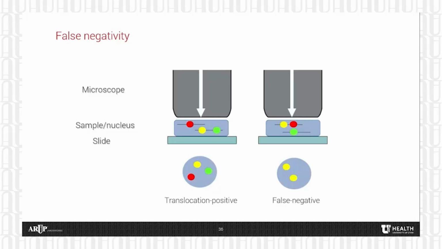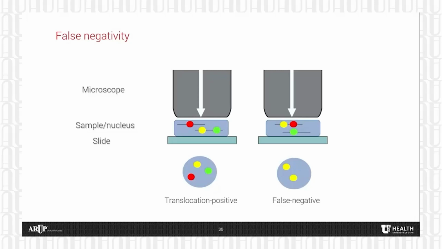So as I mentioned, in an FFPE specimen, cells are not all in a single plane. So for example, in this first picture, where there is no translocation, you have 1 fusion, 1 red, 1 green, which is a positive translocation. You have 1 fusion and then 1 separated.